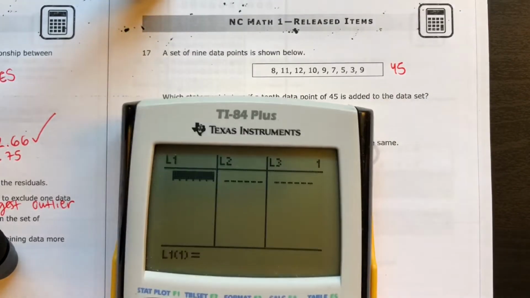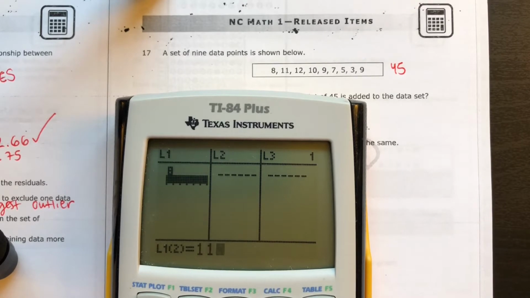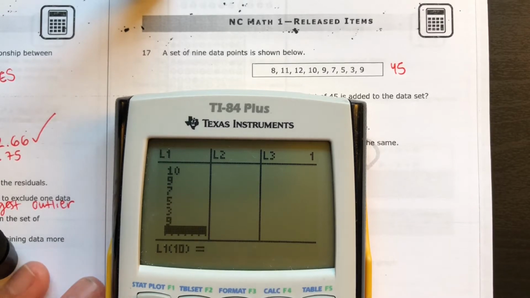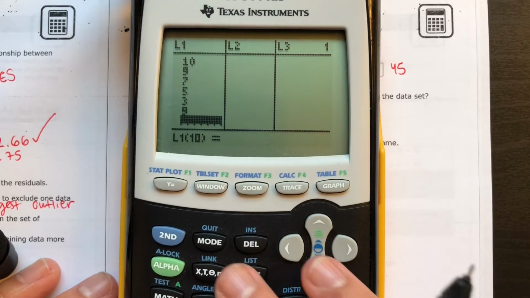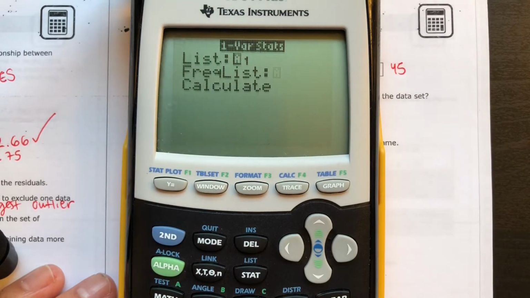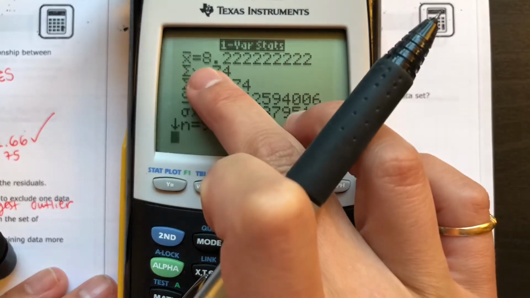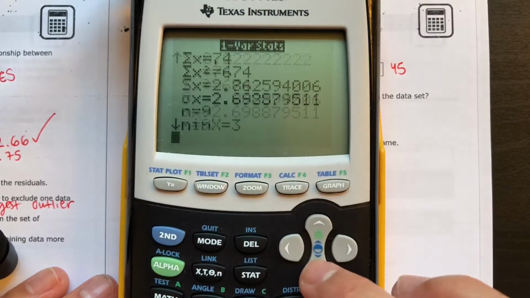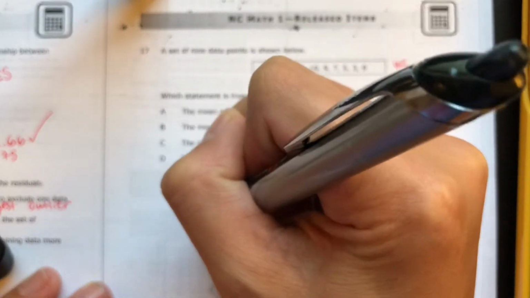And I'm going to punch in these points: 8, 11, 12, 10, 9, 7, 5, 3, and 9. To get to all of my data points, I'm going to hit stat, go over to calc, and at one variable stat, enter, enter, enter. My mean is going to be 8.2, and my median is going to be 9.